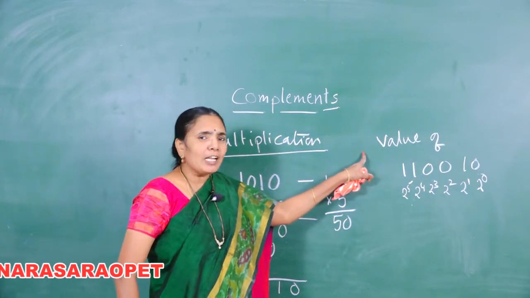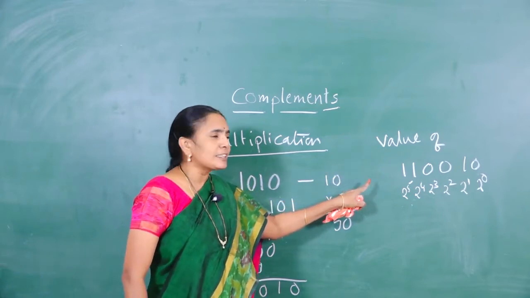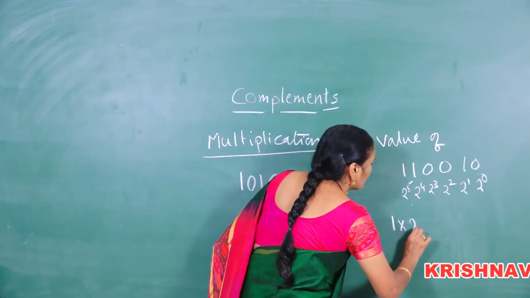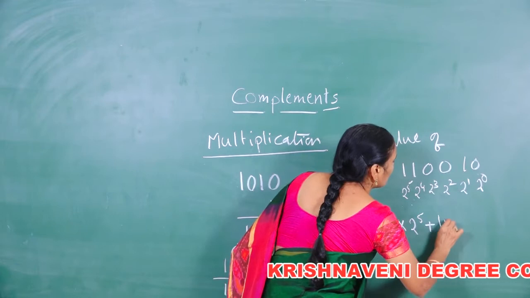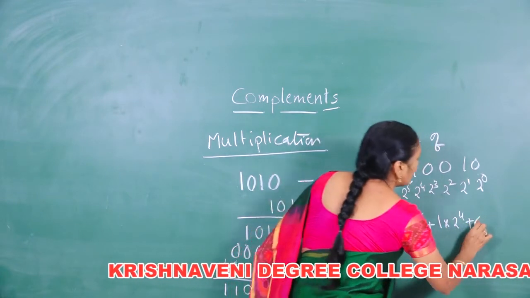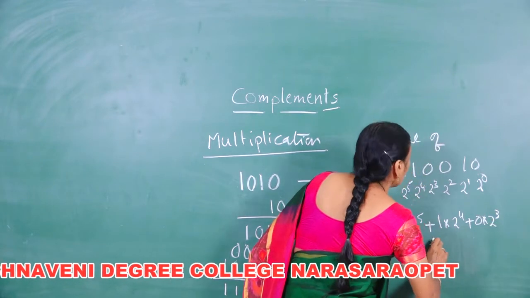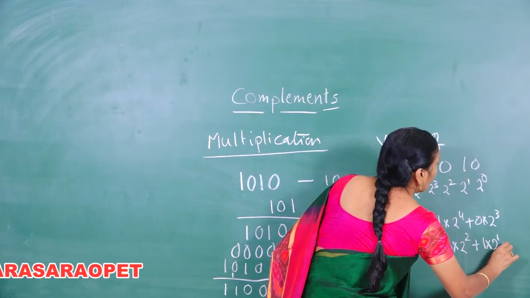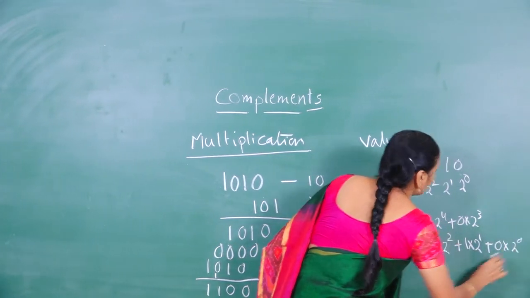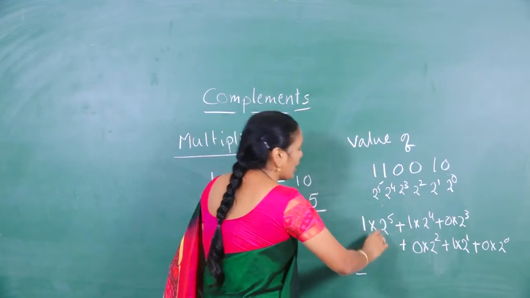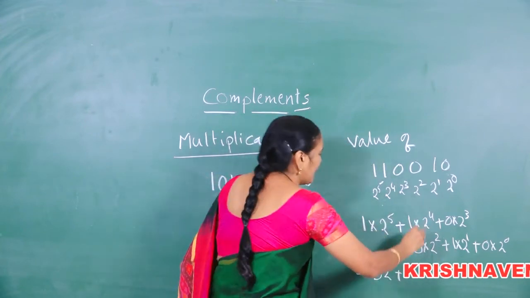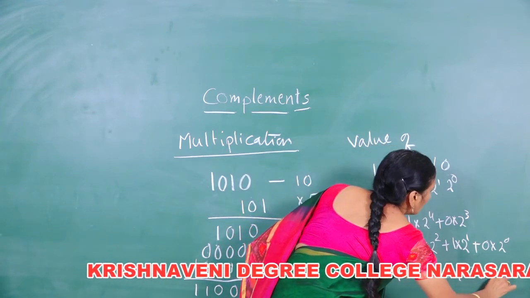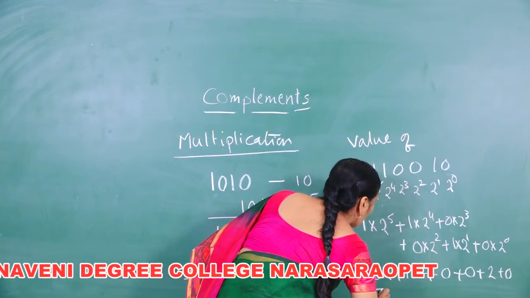We said the value of a number is nothing but a sum of the products of face value into the place value. 1 into 2 to the power of 5 plus 1 into 2 to the power of 4 plus 0 into 2 cube plus 0 into 2 square plus 1 into 2 to the power of 1 plus 0 into 2 to the power of 0, which is equivalent to 32 plus 16 plus 0 plus 0 plus 2 plus 0, whose value is equivalent to 50.